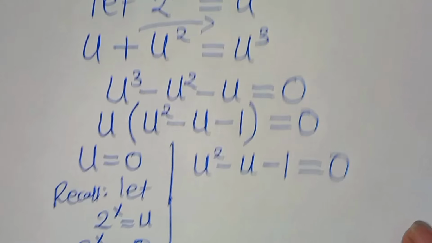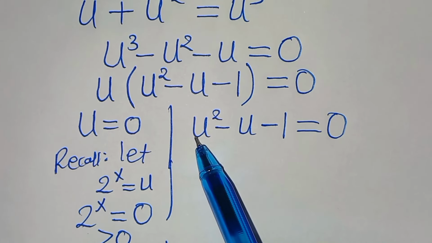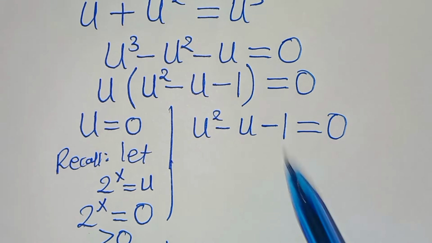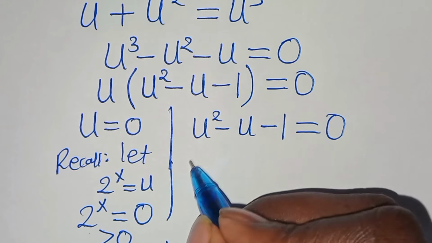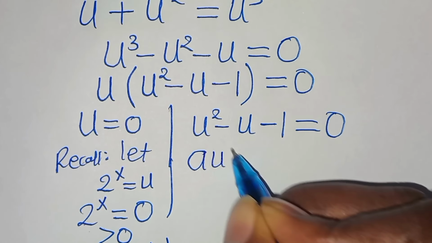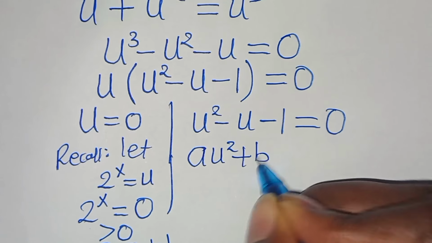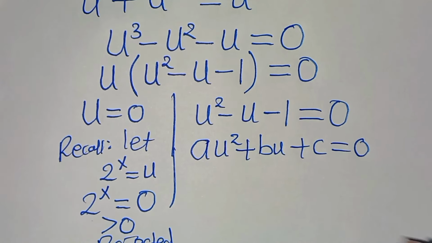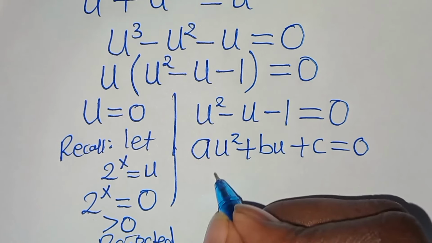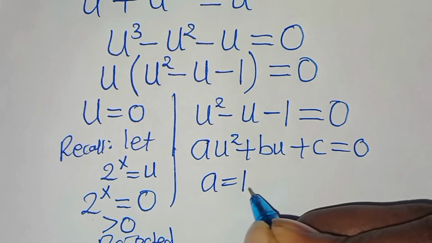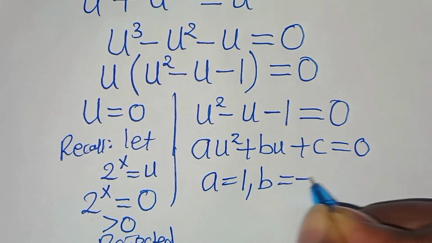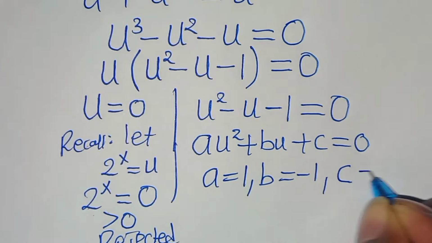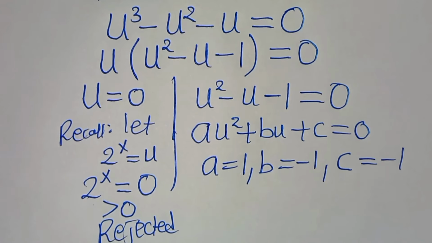So let's proceed with the second part here, which is u squared minus u minus 1. So this is a quadratic equation of the form au squared plus bu plus c. This is equal to 0. From this quadratic equation, we have a is equal to 1, b is equal to minus 1, and c is equal to minus 1.